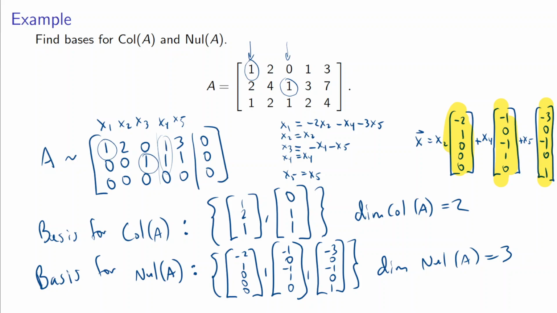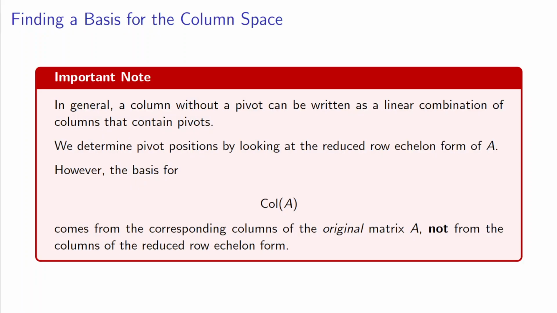Go back and explore those examples and remind yourself why each pivot gives us a different basis element for our column space. An important note here: in general, a column without a pivot can be written as a linear combination of columns that contain pivots, hence how we get our basis.